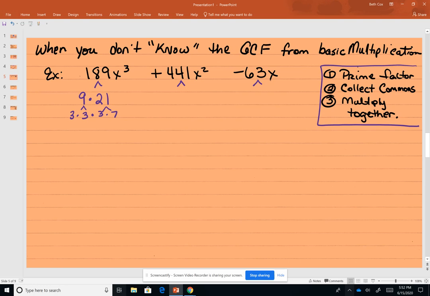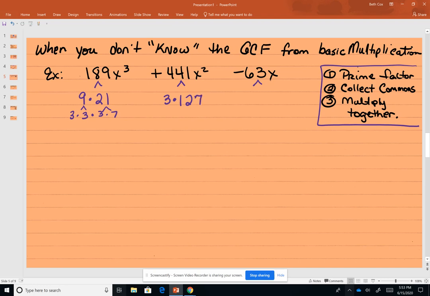Okay. So now I'm going to go on to 441. And I really don't know. I know 2 won't, but I'm going to try 3. So let's see if 3 works. So 3 is going to work. It'll be 120. Is that right? 3, yes, 127.